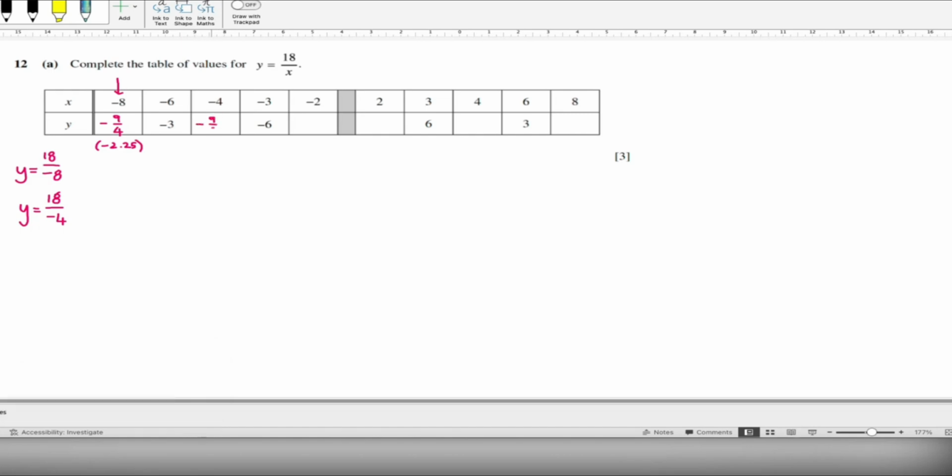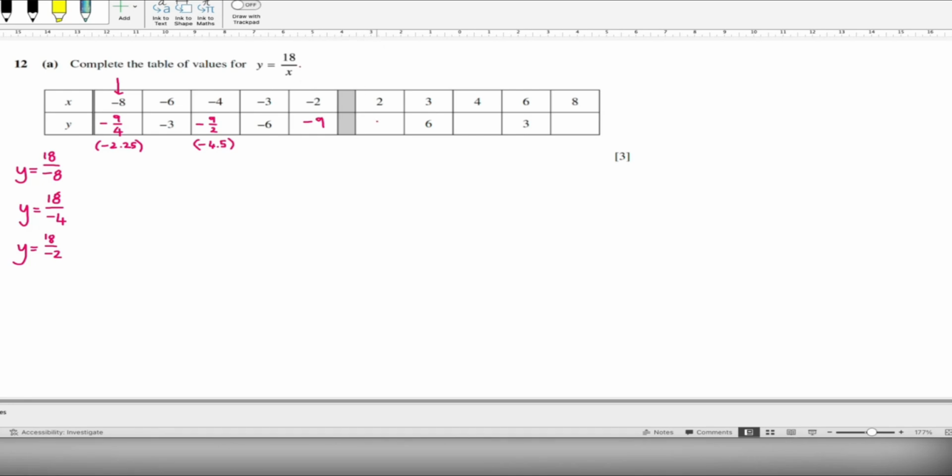Okay, if you want to write it as a decimal, the answer will be -4.5. Okay, let's have a look at the next one. So here we have to divide 18 by -2. What is 18 divided by -2? This one is quite easy. It's going to be -9.